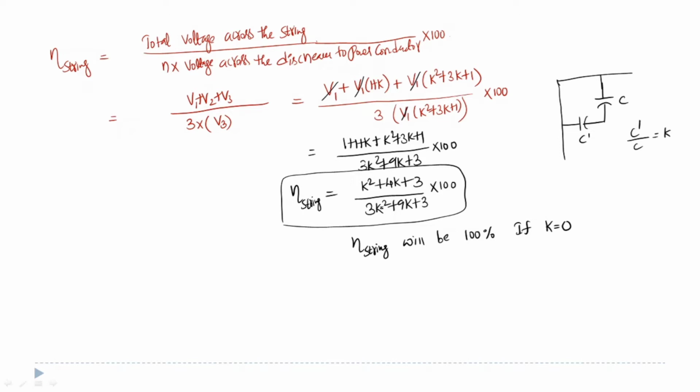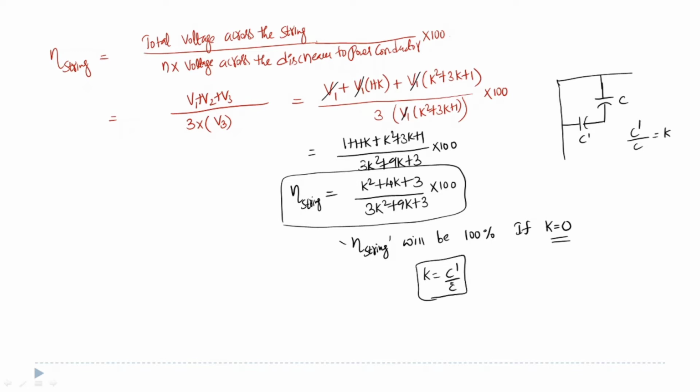Similarly, this term becomes 0 and this term becomes 0, and you have again 3 in the denominator. So 3 by 3 is 1, and 1 into 100 is 100%. So the string efficiency will be 100% when and only when K is equal to 0. K is the ratio of C dash to C.